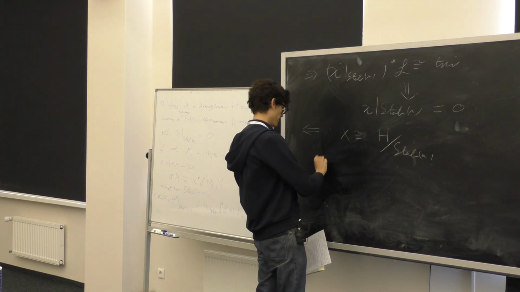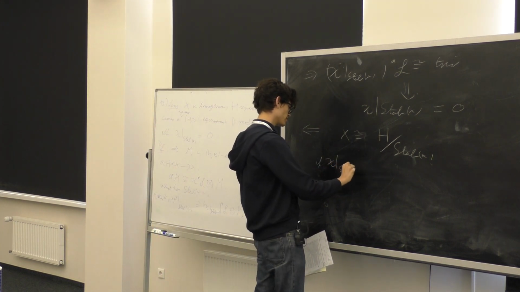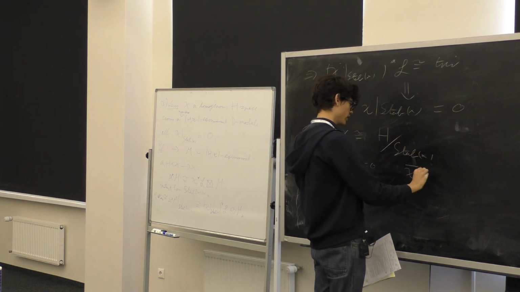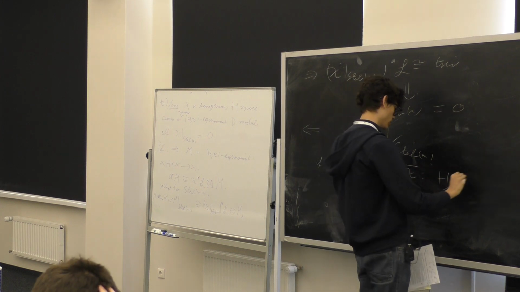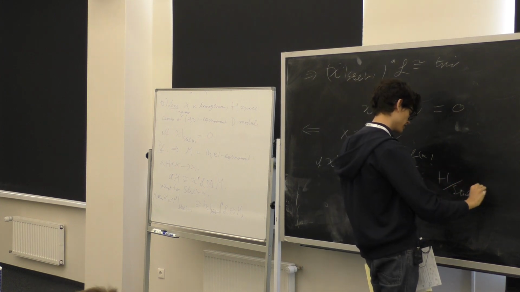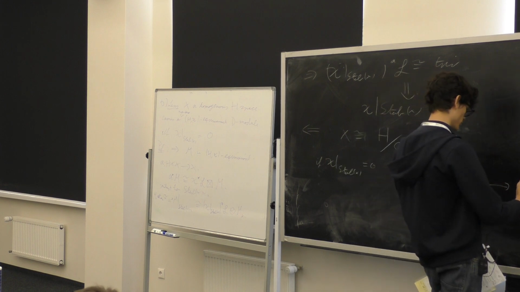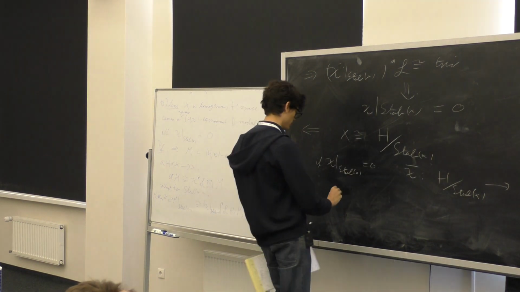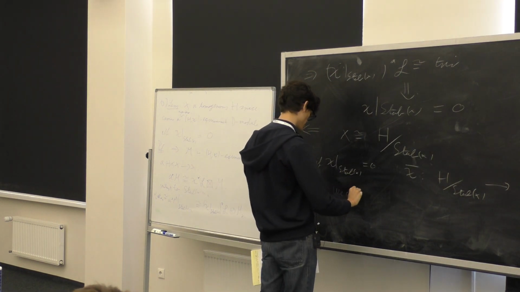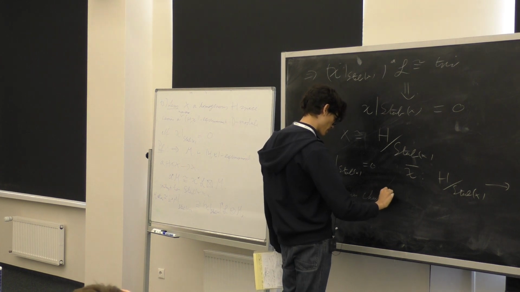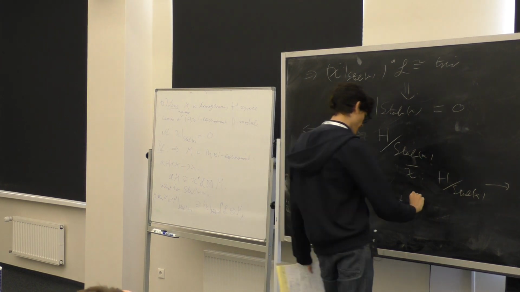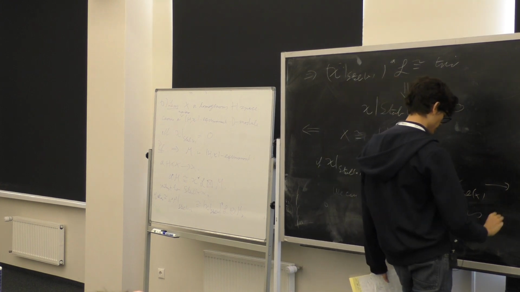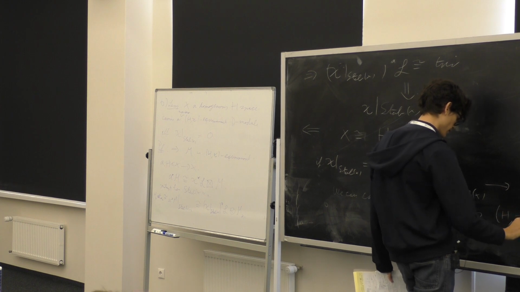And if chi restricted to the stabilizer is 0, we can define chi bar from H mod stabilizer of x to GA. And we can check that chi bar pullback of this sheaf L is H chi equivariant.